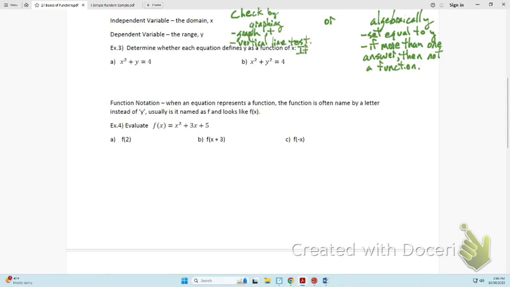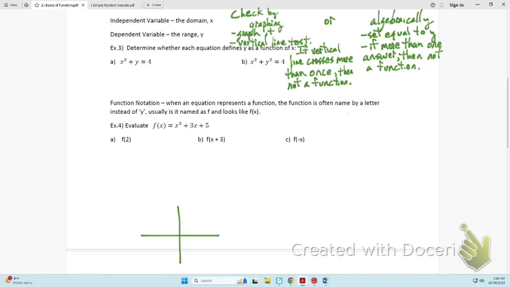If a vertical line crosses more than once, then not a function. I'm going to have to erase this, but that is the vertical line test. All right? I bet you've seen it before. For example, let's look at some vertical line tests.